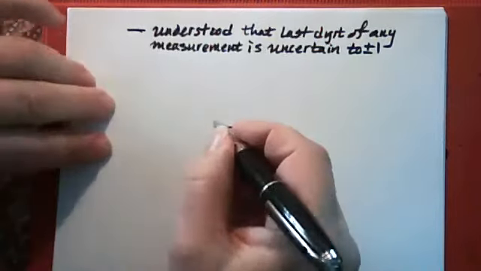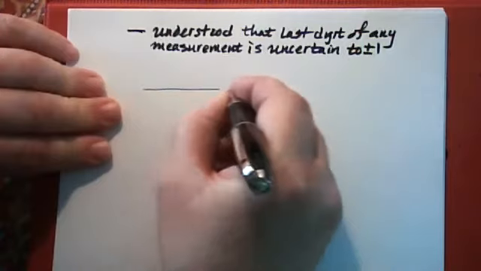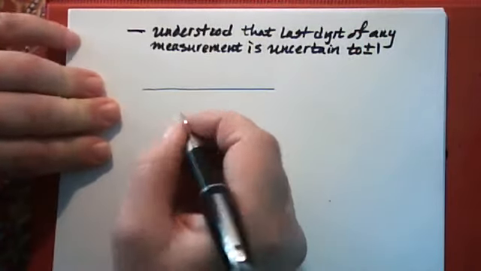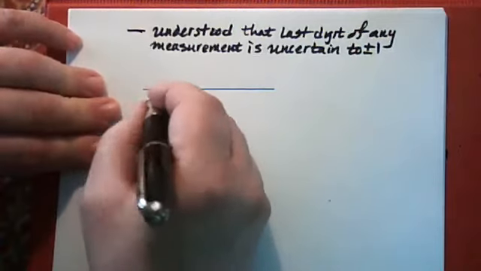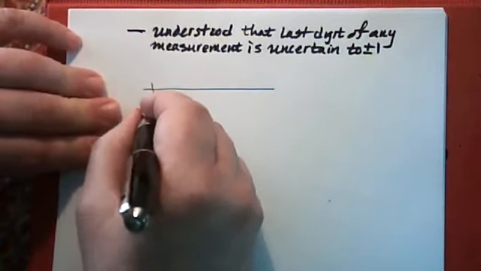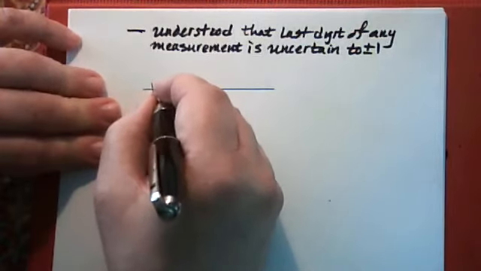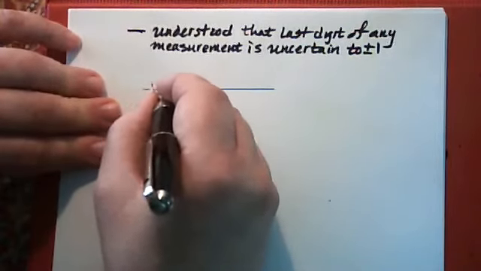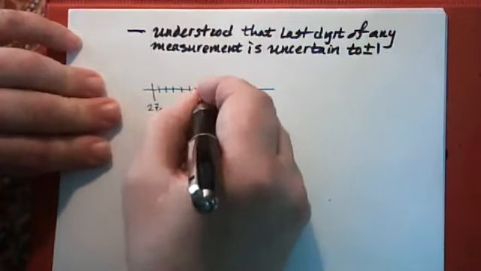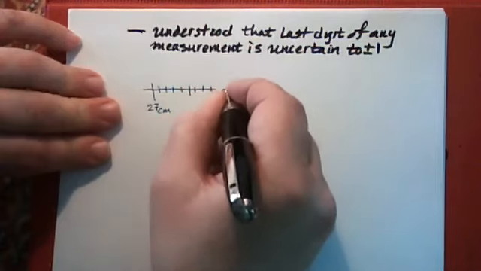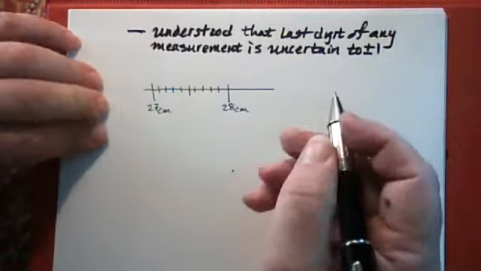If you're measuring the length of some, say, metal rod, and you're doing it on a meter stick, and you have the meter stick marked off in, say, centimeters, and each centimeter is marked off into 10 smaller spaces, like that.